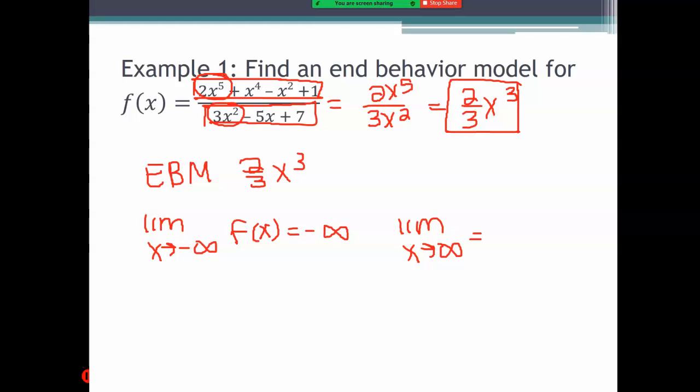And as x cubed is getting more and more positive, it goes to positive infinity. So all it means is that the function is ending in the positive and negative behavior. Doesn't mean it acts like a cubic in the middle. It just means that it goes in opposite directions when it talks about its end behavior. Does that make sense?